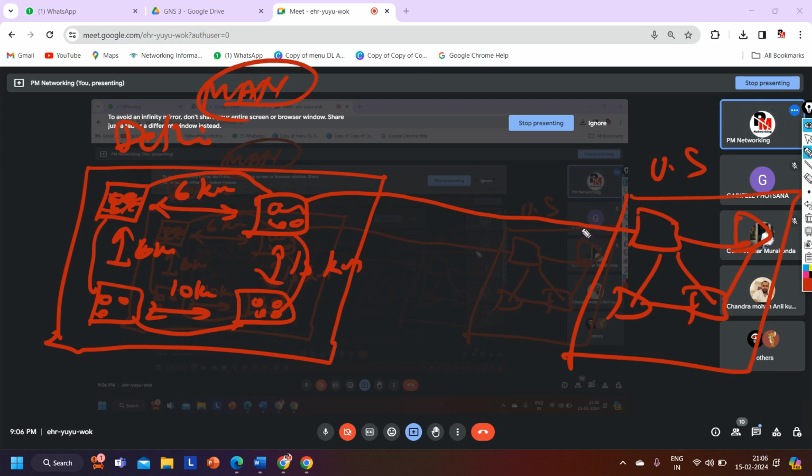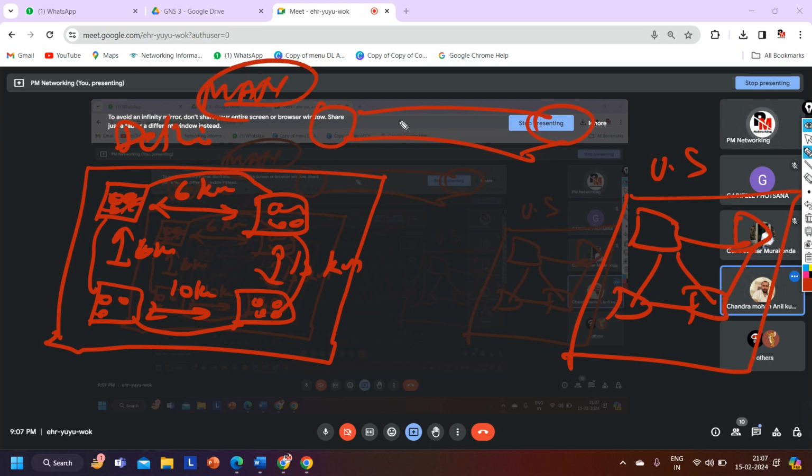It will be very costly. So we have a service provider who is going to provide me connectivity between India and the US. Let's say there is one service provider who already has connectivity between India and the US through cable. They have laid their cable between India and the US.